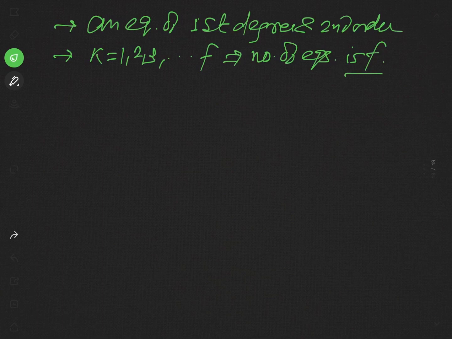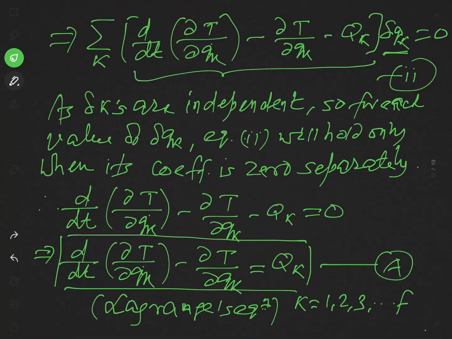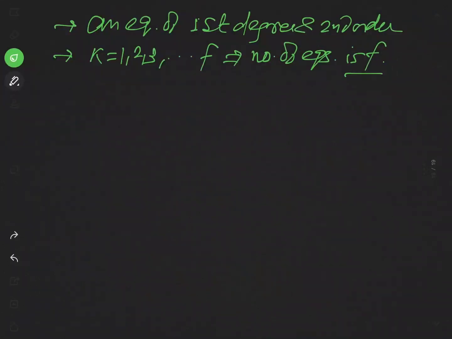As I have told you, the equation obtained in A is the general form of the Lagrange equation of motion. Now we will discuss its two particular forms.